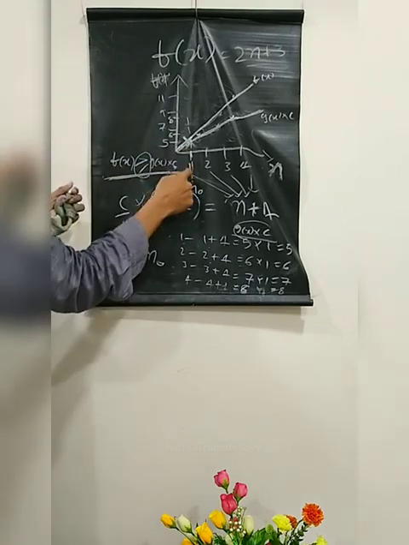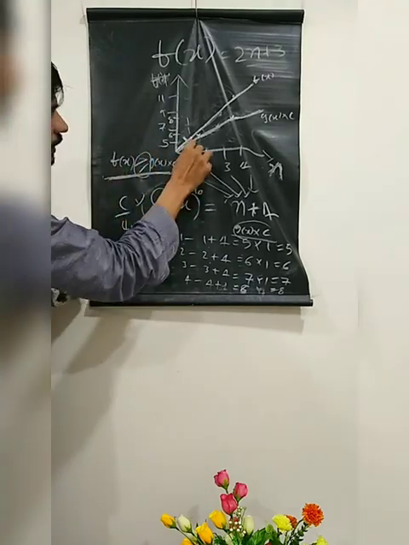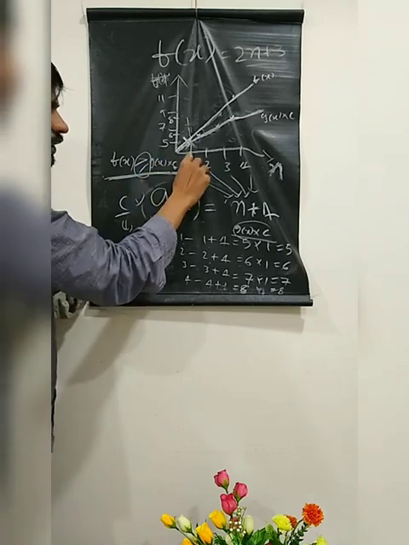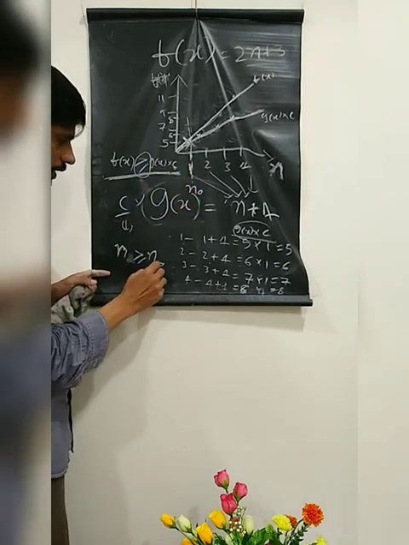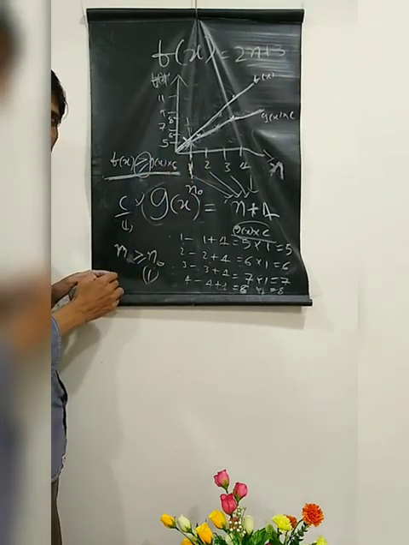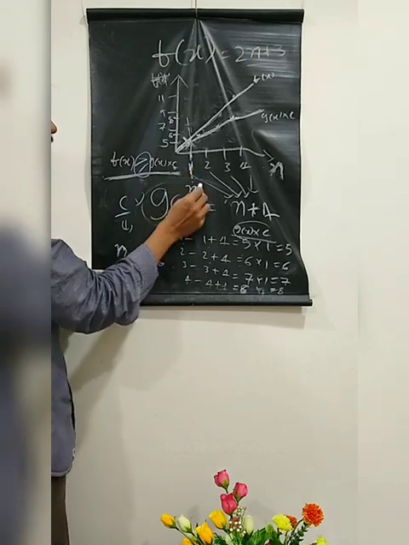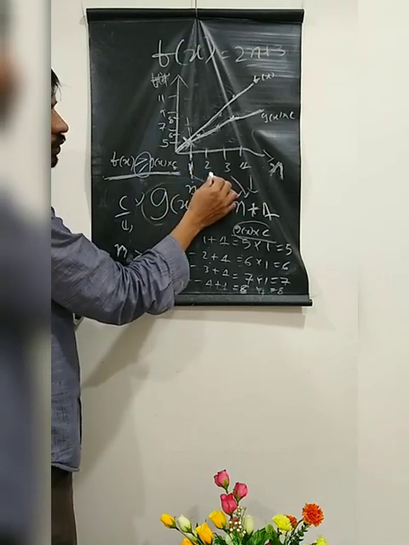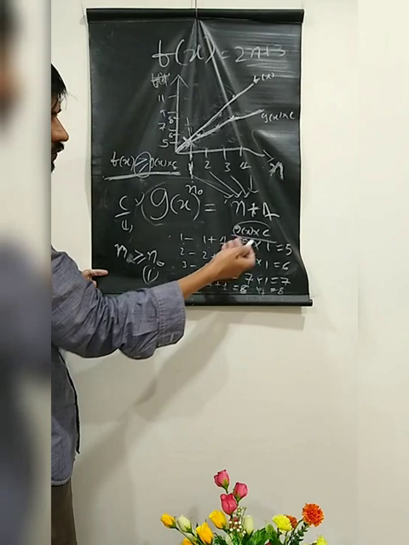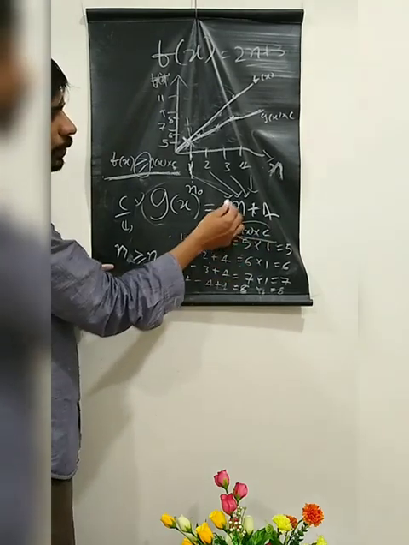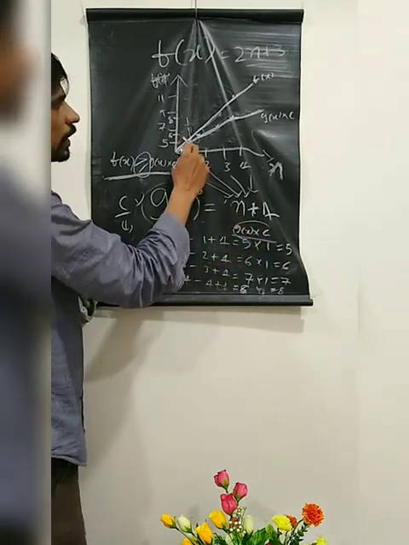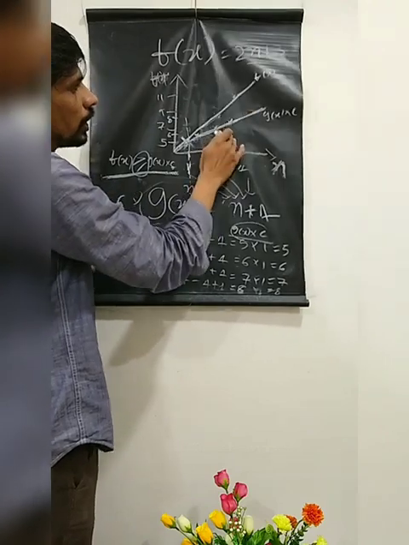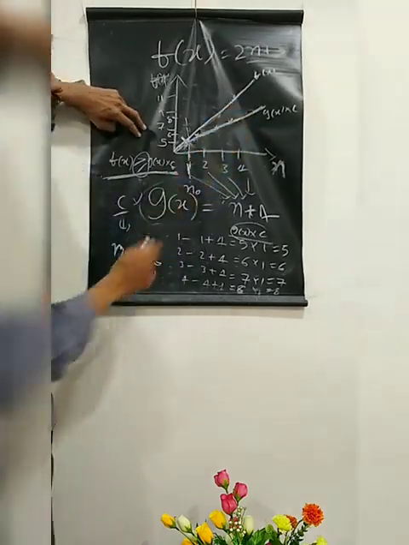So now, what is my n0? N0 is this one, 1. So after 1, if I pass any value, 2, 3, 4, 5 or whatever it is, the g of x multiplied by c always produces a value below my f of x value.